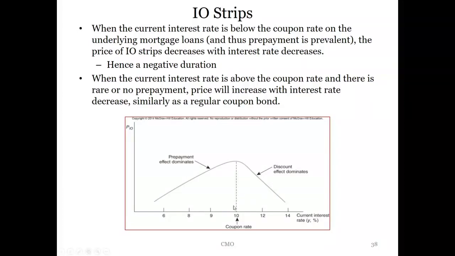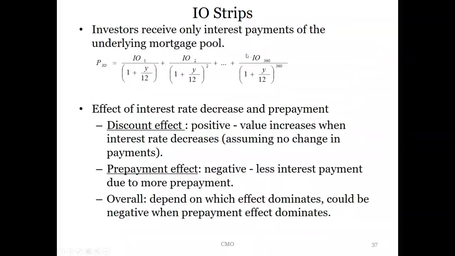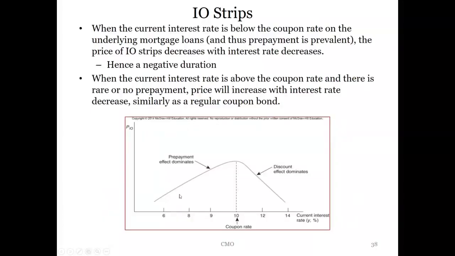The idea is when interest rates are higher, there will be much fewer prepayments, which means the numerator is affected much less compared to the denominator. So mathematically, it will lead to an increase in price when interest rates decrease, and vice versa.